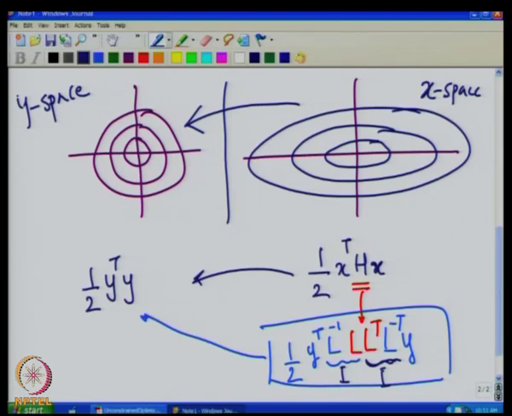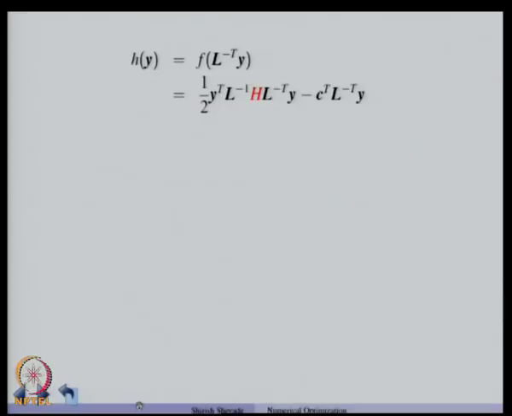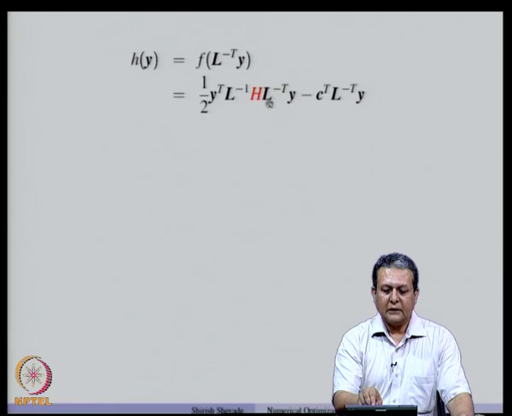That was possible because of the way H was decomposed and the way x was transformed to L inverse transpose into y. Because of this transformation, things become easier, and then one can apply the steepest descent method here. So, this is the transformation that took place.